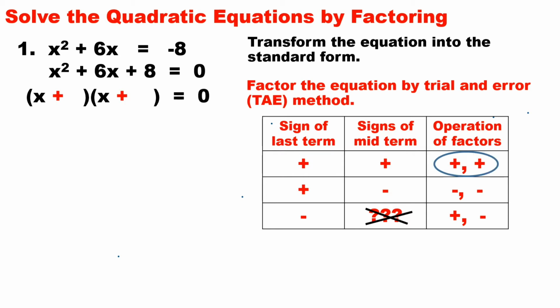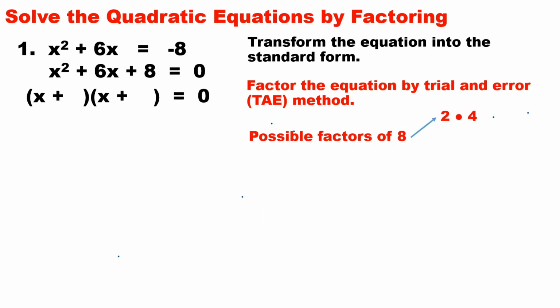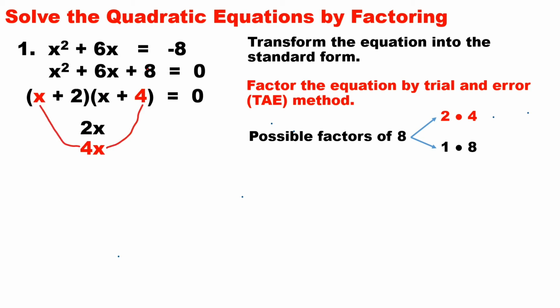Then, match the factors of the first term by the possible factors of 8, which are 2 times 4 and 1 times 8. Let's try first the factors 2 and 4. To check if the factor combinations are correct, let us add the product of the inner terms, which is 2 times x is 2x, and the product of the outer terms, which are x times 4 equals 4x.